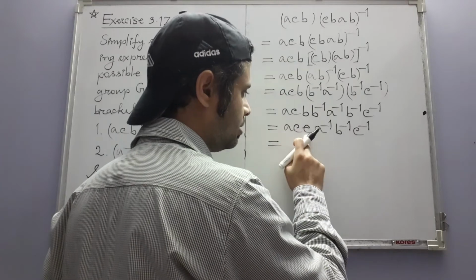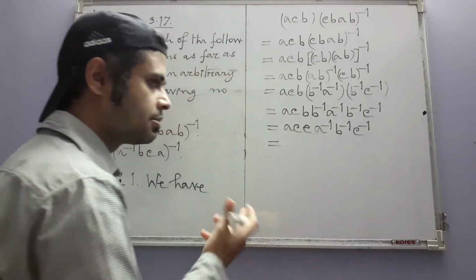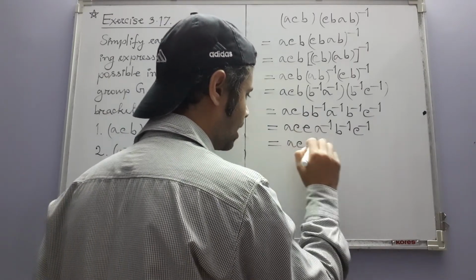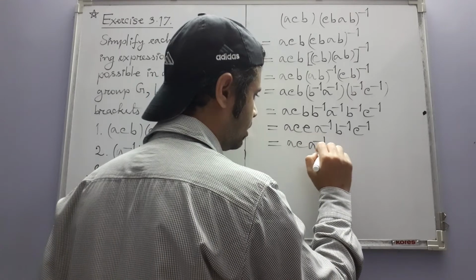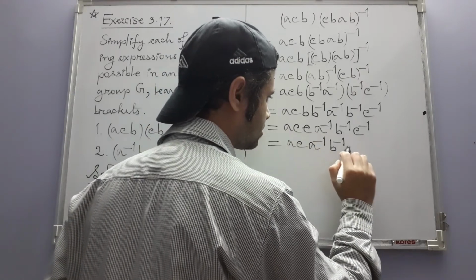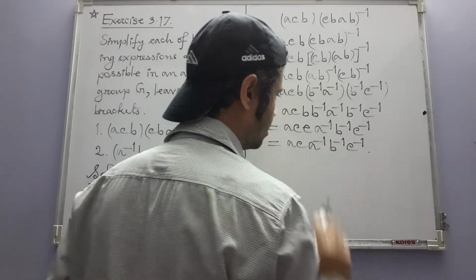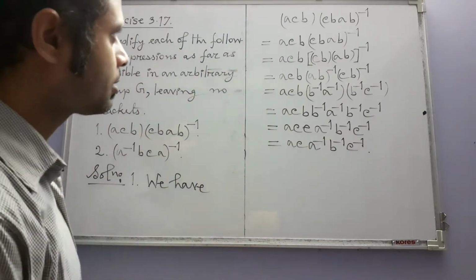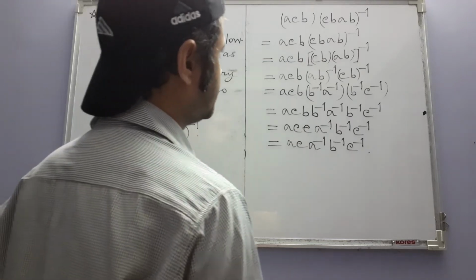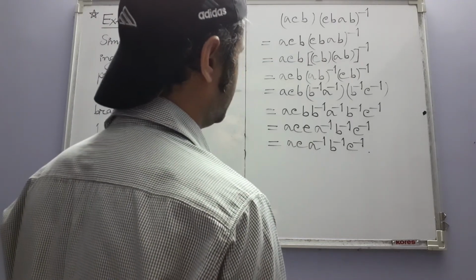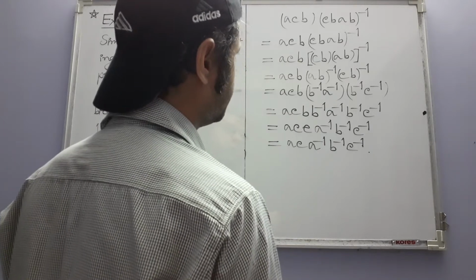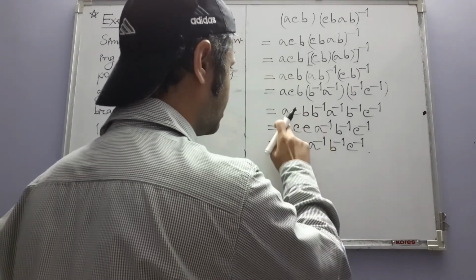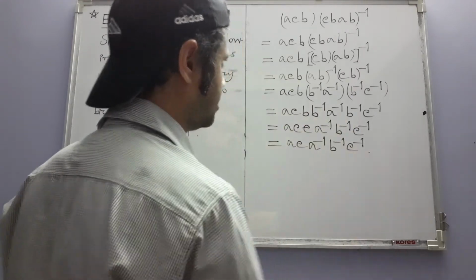So in that, AC times E is AC by the definition of the identity element. So ultimately we have AC A inverse, B inverse, C inverse. Now just to make sure that what I have done is correct, let me go through the calculation once more. ACB, B inverse, A inverse, B inverse, C inverse, and these two things cancel out, so we are left with AC A inverse, B inverse, C inverse.